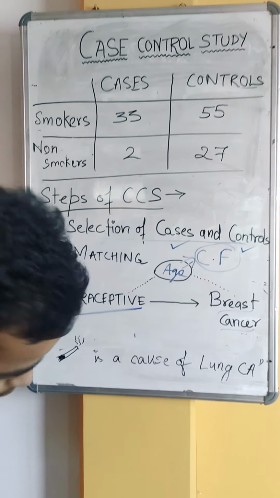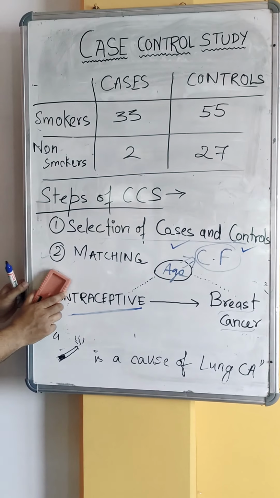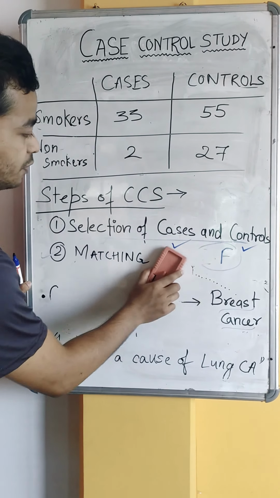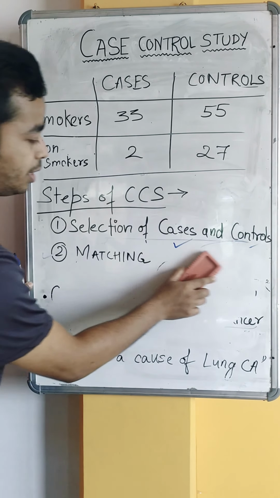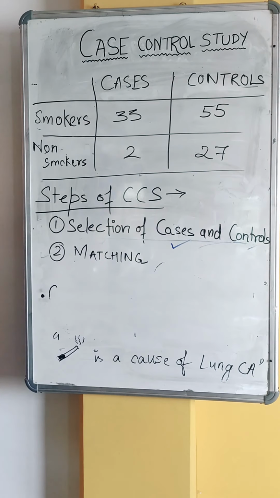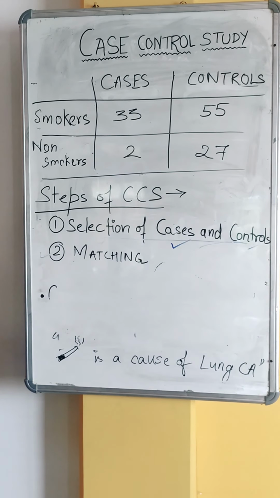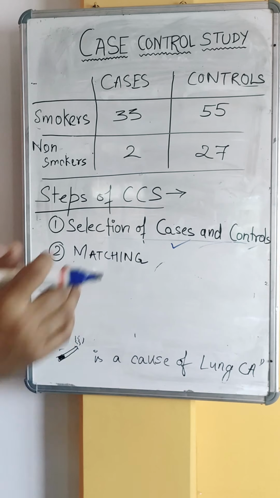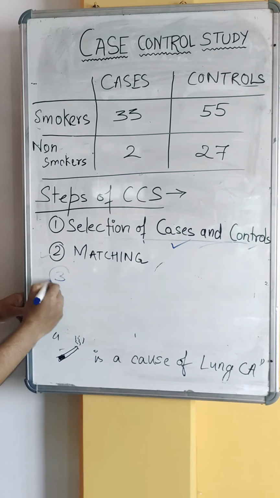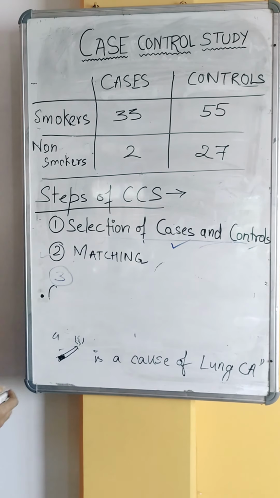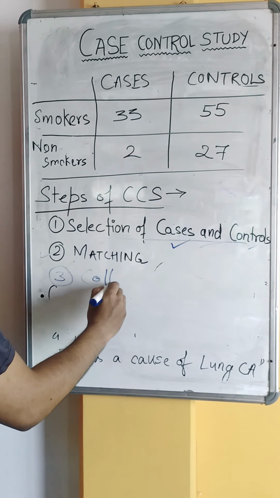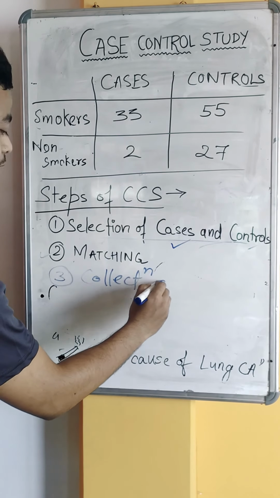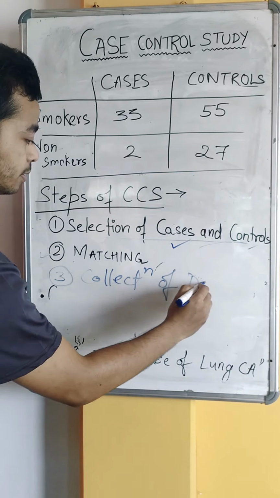The third process that we do is that we'll go to the patients. We have selected cases and controls, right? So we'll go to the cases and controls and we'll ask them, were you a smoker 15 years back? They will say yes or no. So the third step is collection of data.